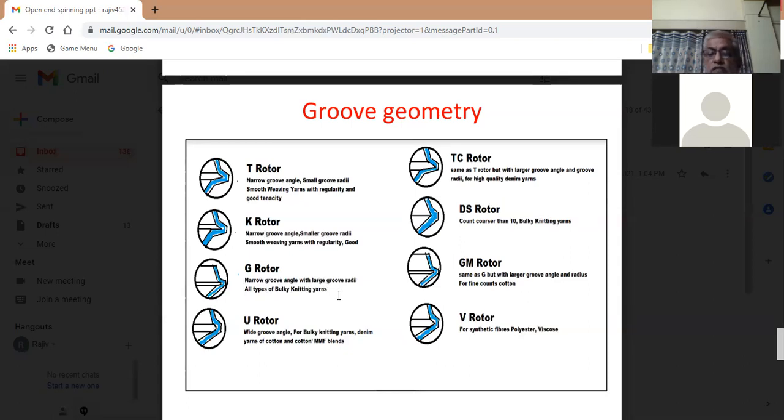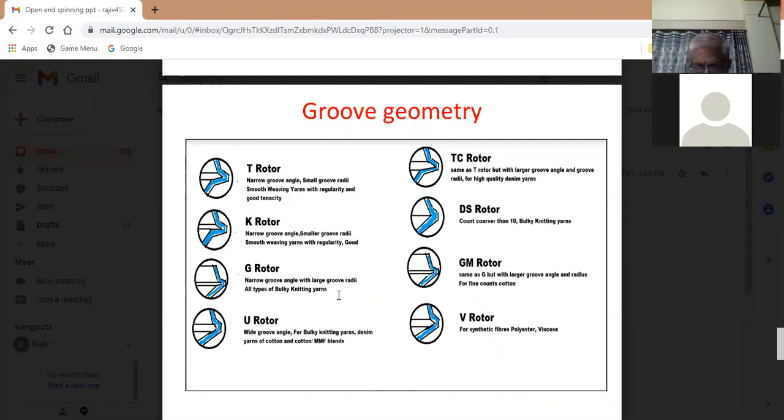So this is used for fine count cotton. Then comes V rotor. This kind of rotor is used for synthetic fibers like polyester and viscose. This V rotor is used for man-made fibers.